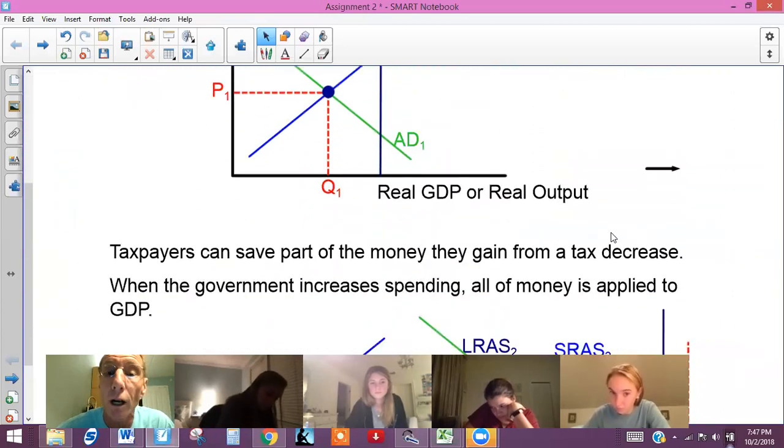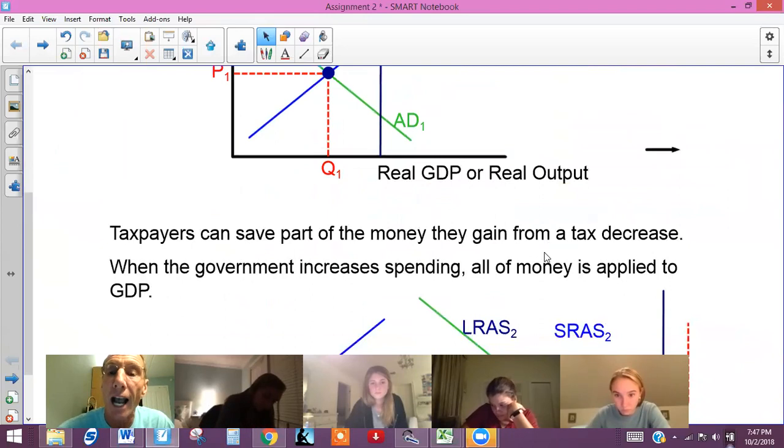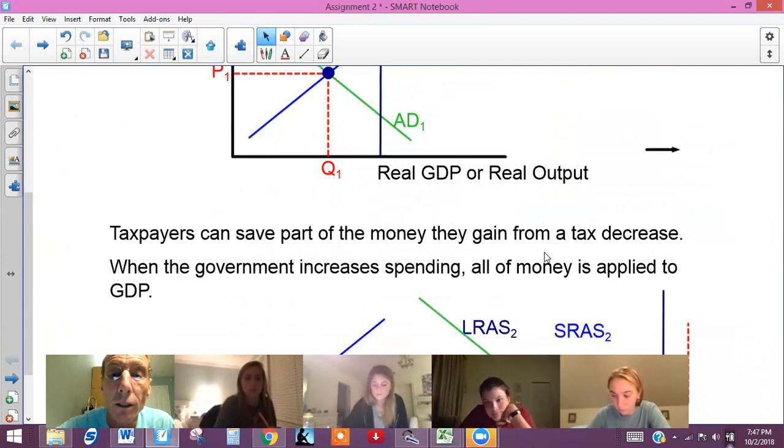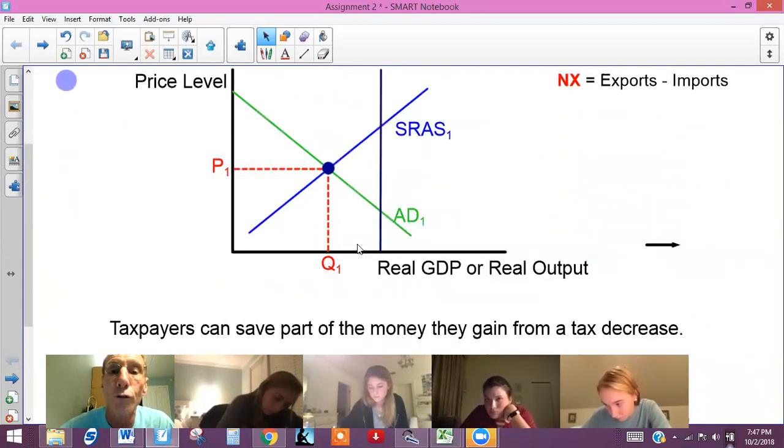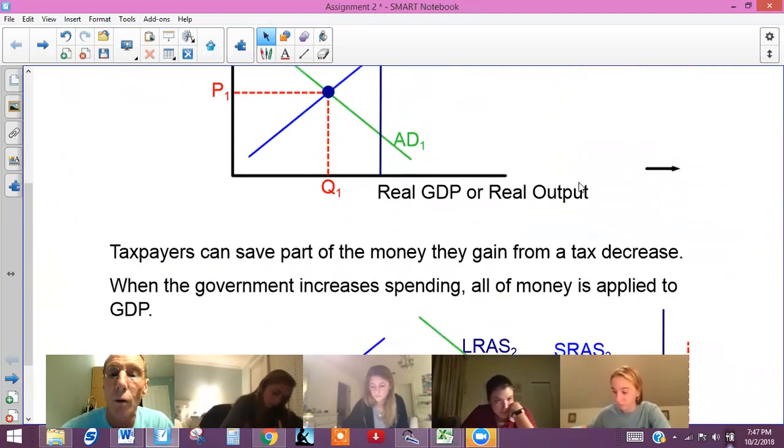So whatever portion of a tax cut that taxpayers save is not going to do anything to help the economy grow and move towards the potential. Okay. Does that make sense? That's why you would say government spending would be more effective in the short run. Okay.